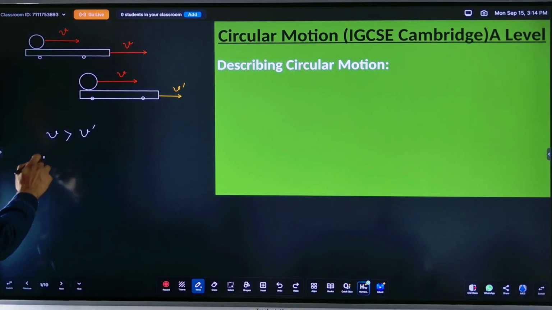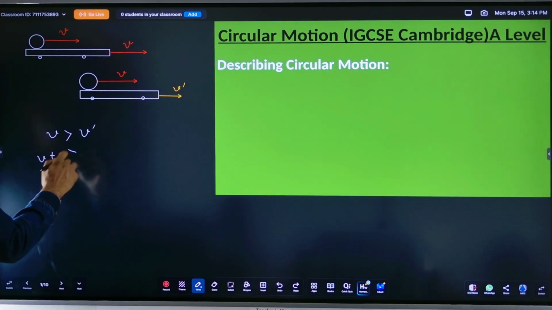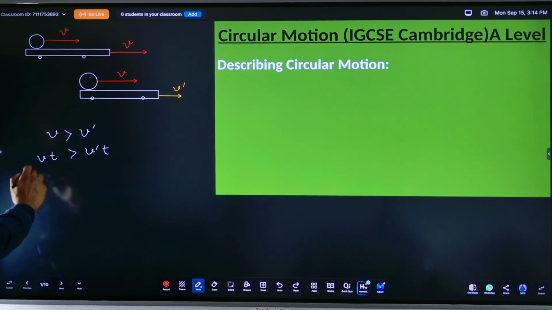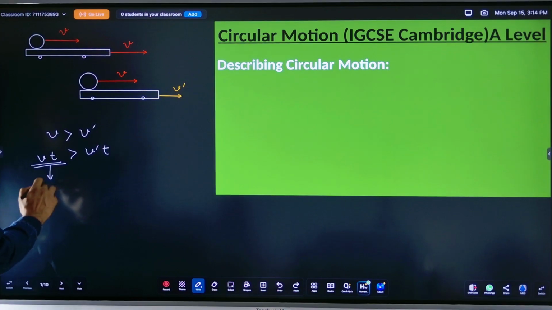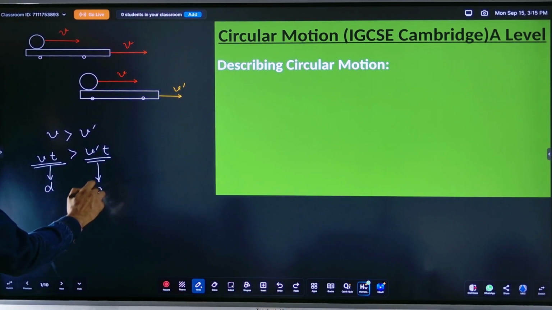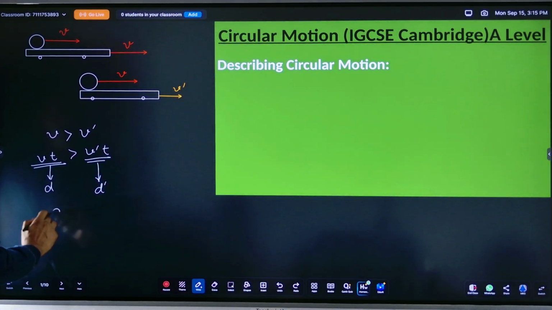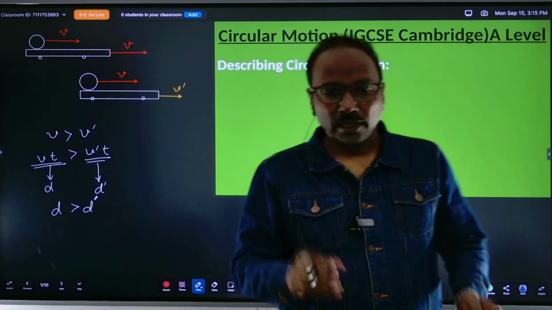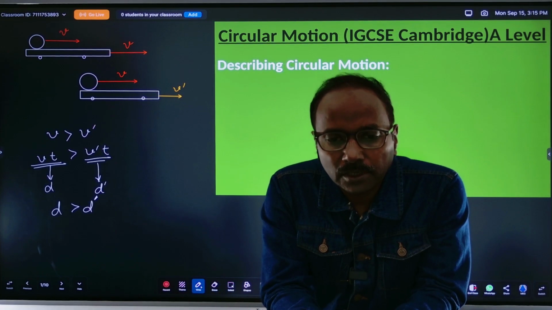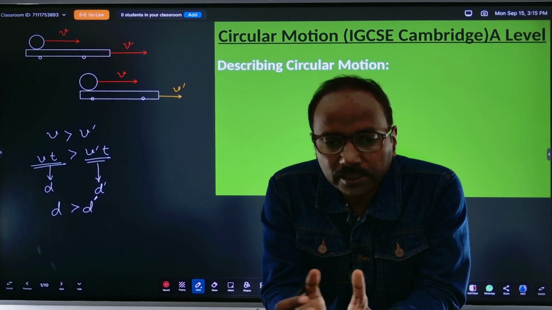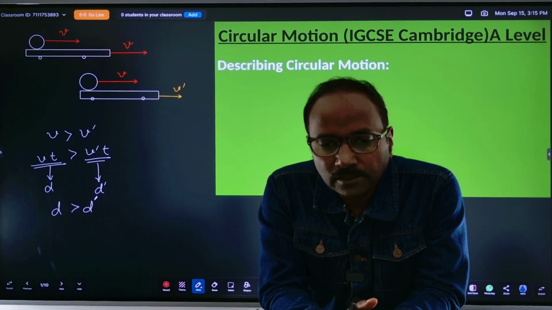If we multiply by the time interval t on both sides and say this as d distance and this as d prime, so your d is greater than d prime. It means in t interval of time, the ball will move farther than the train moves.